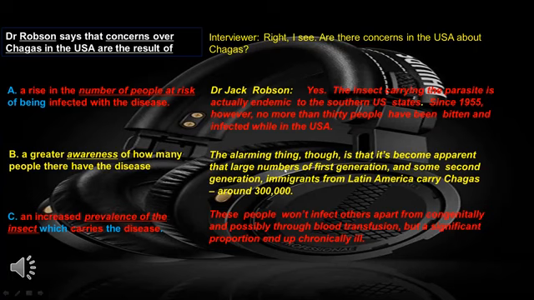The meaning of this part is the same as the answer, a greater awareness of how many people there have the disease, but here there is paraphrasing of that meaning.